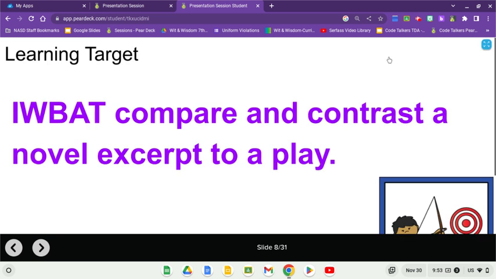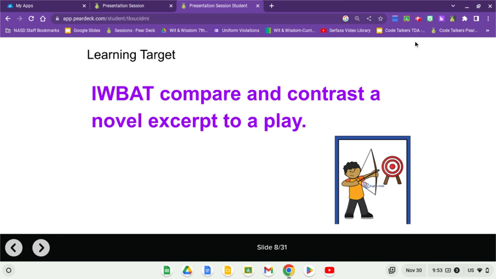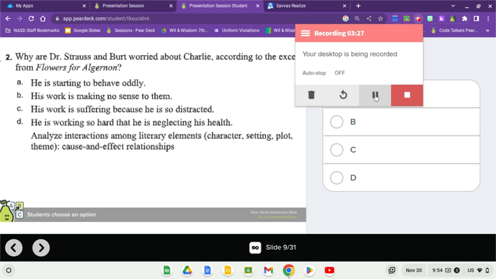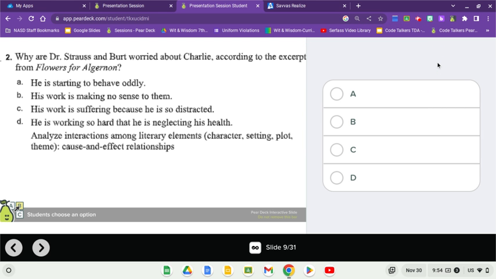All right. Question 2. As we go along, remember, we have to bear in mind the novel excerpt and the play. Wahoo! Number 2. Why are Dr. Strauss and Bert worried about Charlie according to the excerpt from Flowers for Algernon? A. He is starting to behave oddly.